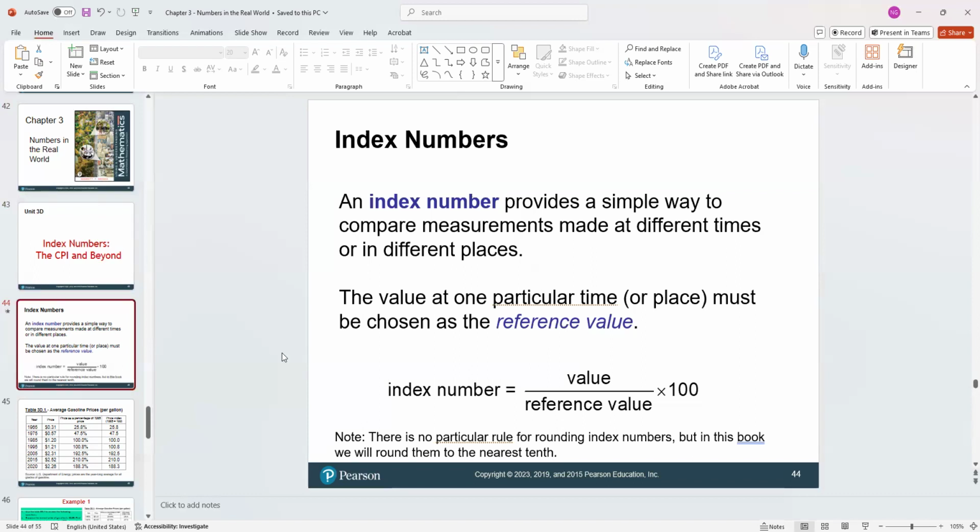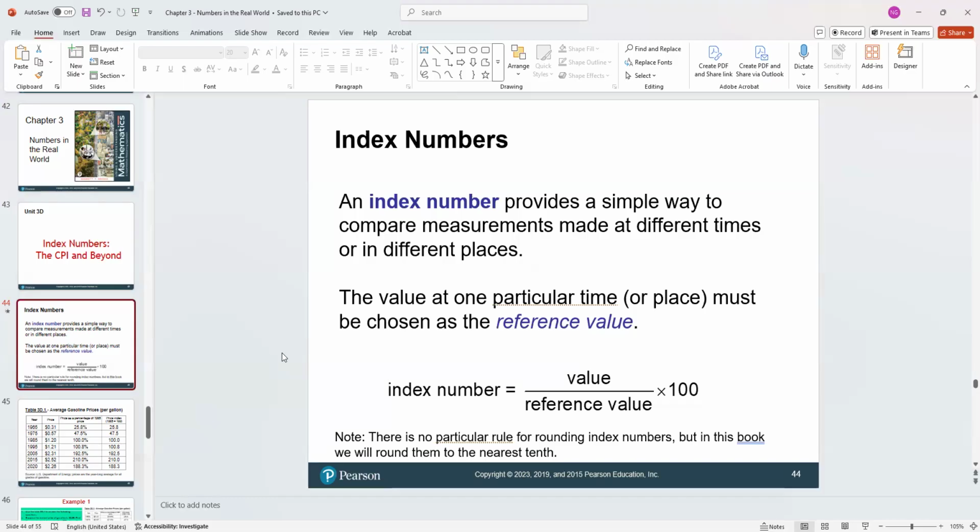The value at one particular time or place must be chosen as the reference value.